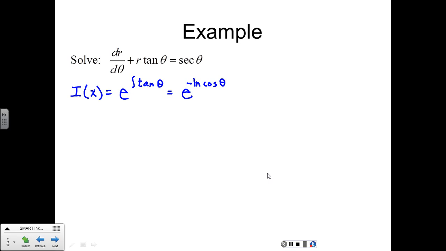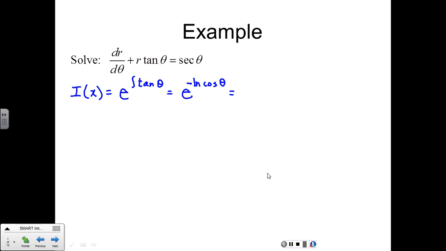U would just be theta here, right? Okay. Algebraticians and trigonometricians, help me figure out what that is. E to the negative ln cosine theta. Is it negative cosine theta? It's cosine of theta to the negative 1 power.